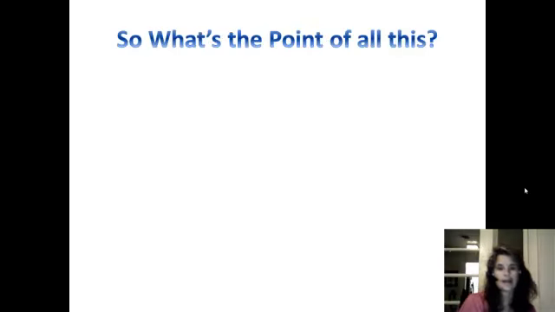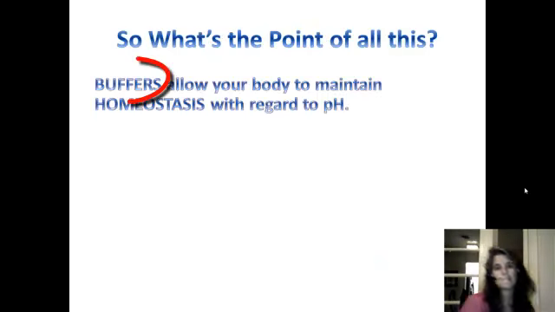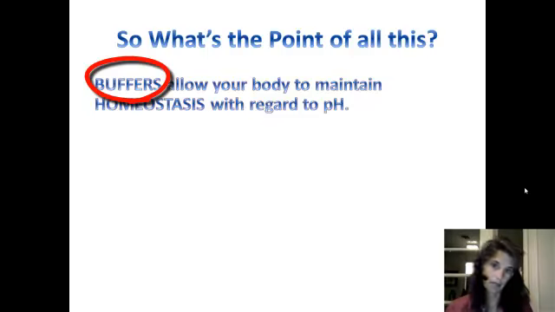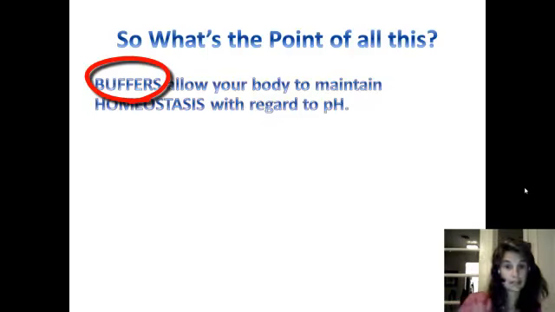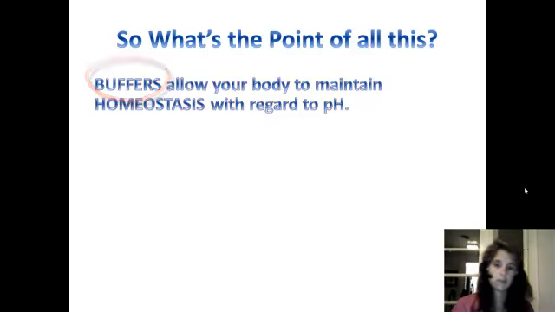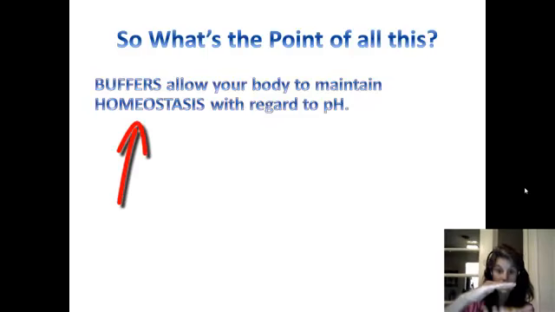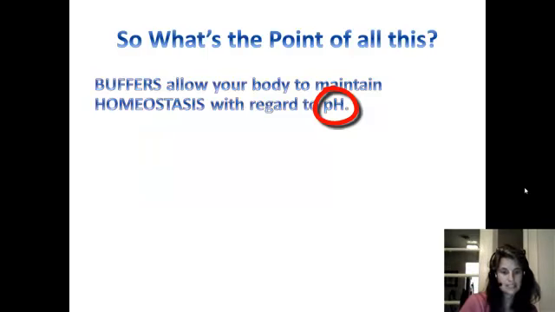So again, what's the point of all this? Buffers in your blood. Weak acids, usually like carbonic acid, allow your body to, again, maintain homeostasis, this time with regard to pH, where we're going to prevent a wild fluctuation. We're going to keep it steady.